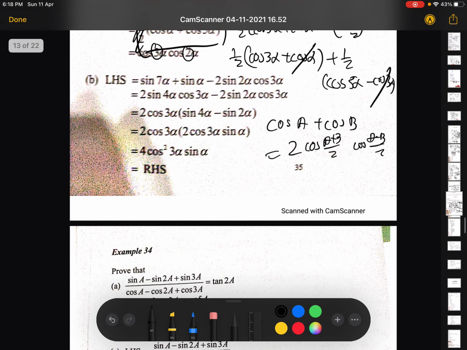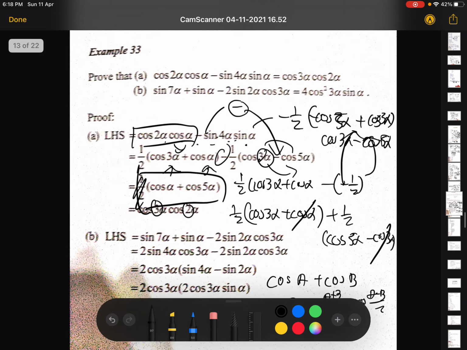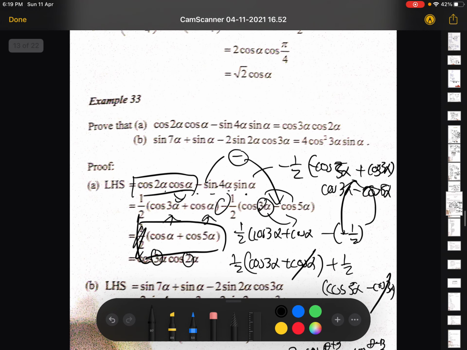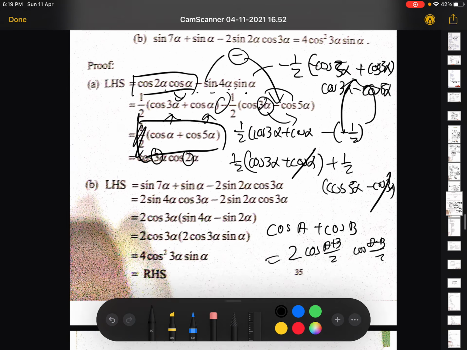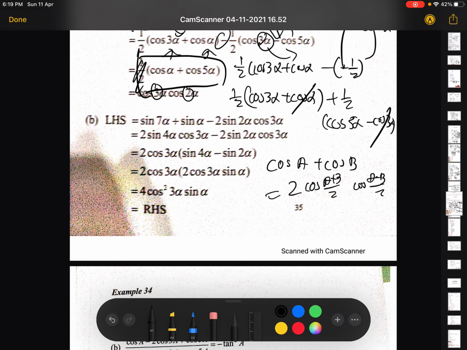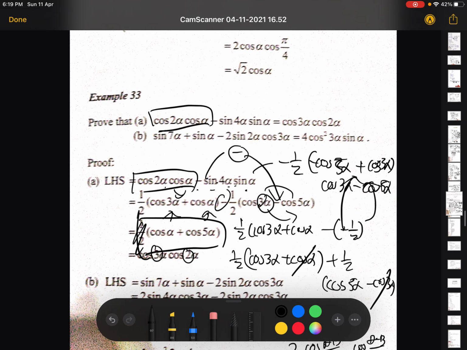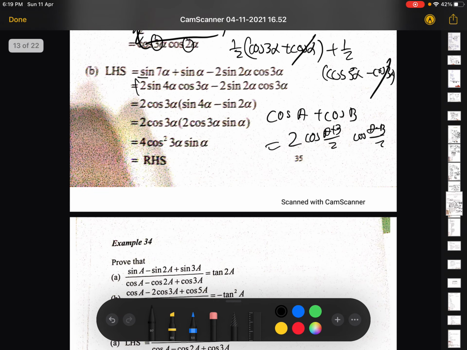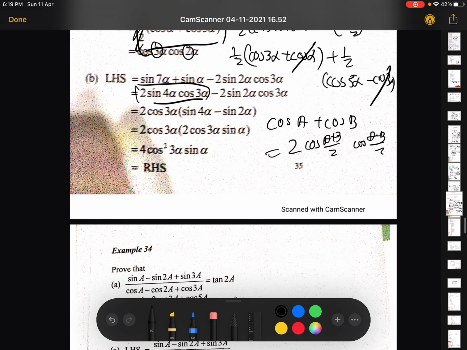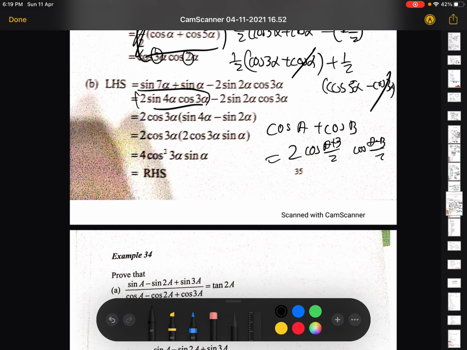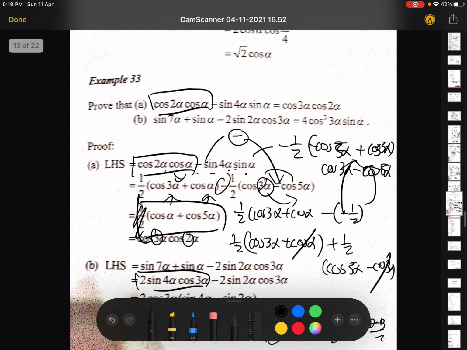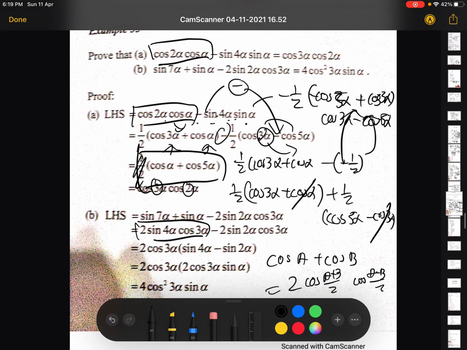I don't know if I want to mention this part, but it is similar in a way. It is a similar format where instead of multiply becoming plus, plus becomes multiply. So it's sine A plus B over 2, cos A minus B over 2, and here 2 sine 2A cos 3A.